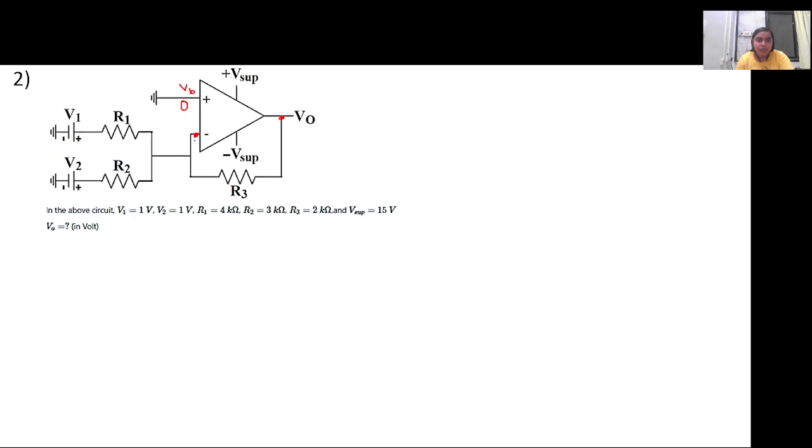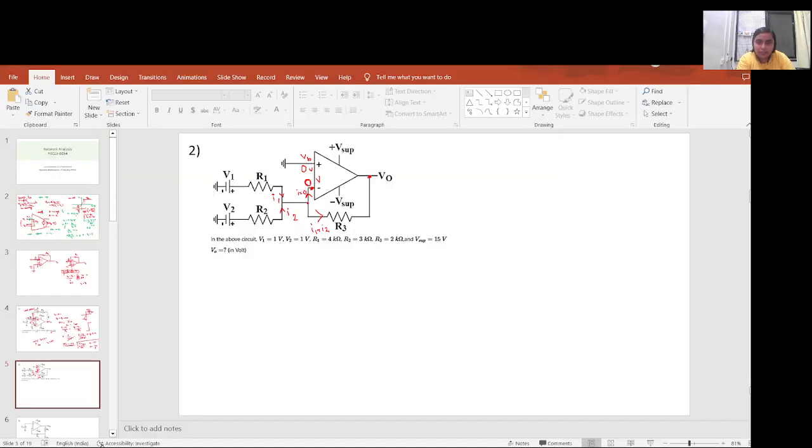In an operational amplifier, the voltage at the inverting terminal is equal to the voltage at the non-inverting terminal, so this is also 0 volt. And no current here, I equals 0, because no current is drawn inside the amplifier. So whatever current flows here will be I1, and whatever flows here will be I2, and together they will flow through this branch as I1 plus I2.